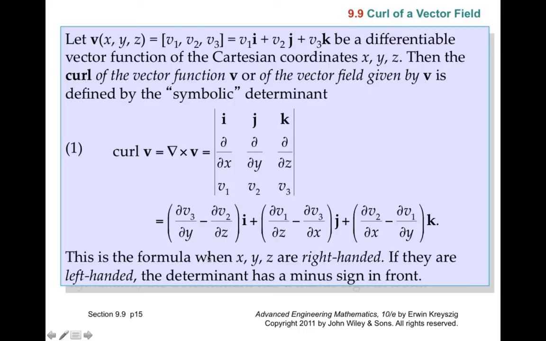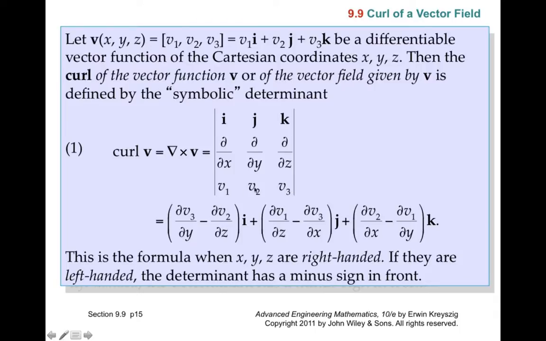The curl of a vector field is basically the cross product of the gradient operator and a vector, and it can be found by evaluating this determinant shown here, where we have unit vectors i hat, j hat, k hat, and then we have partial with respect to x, partial with respect to y, and partial with respect to z, and then our vector components v1, v2, and v3.